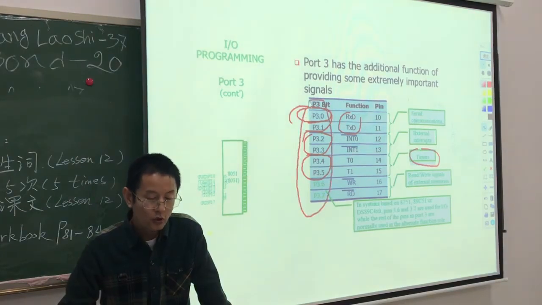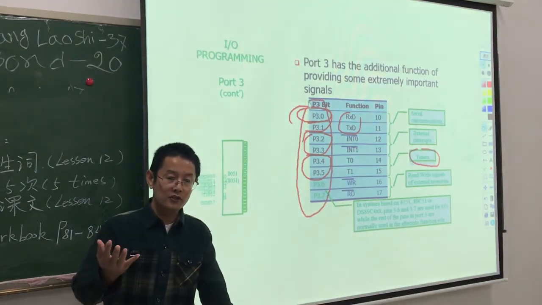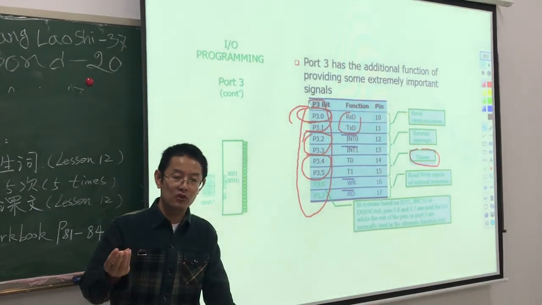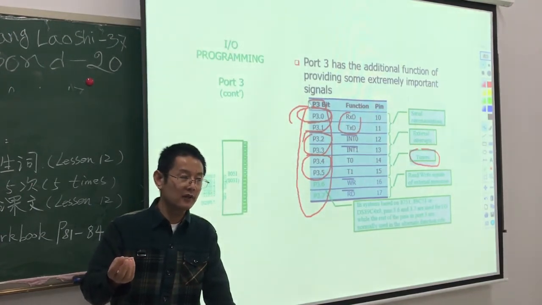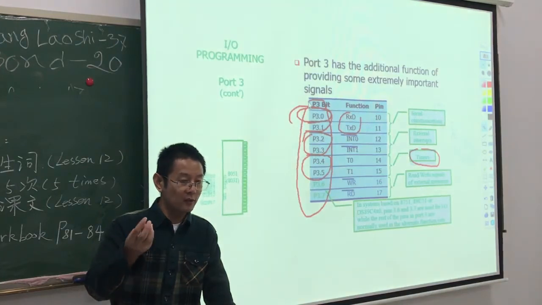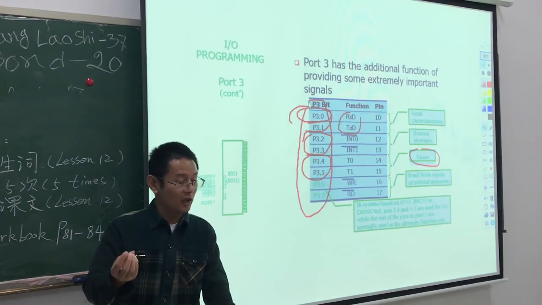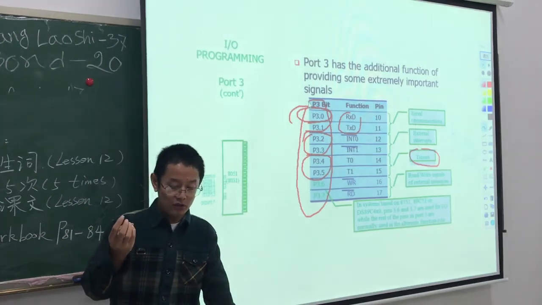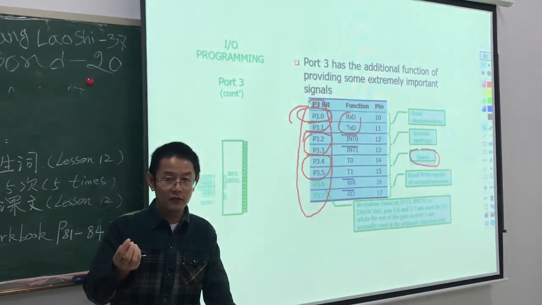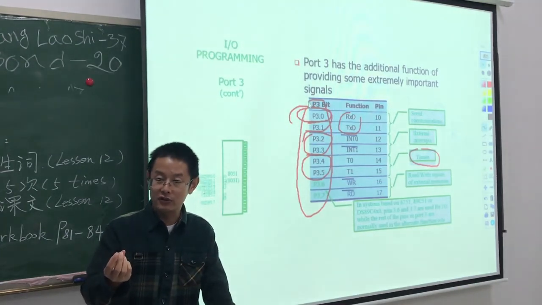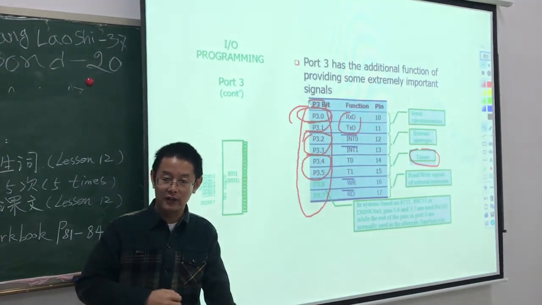So when you use port 0, port 1, port 2 and port 3, port 0 and port 2 are sometimes used together. Port 3 has an additional function for every bit, so you need to remember it.